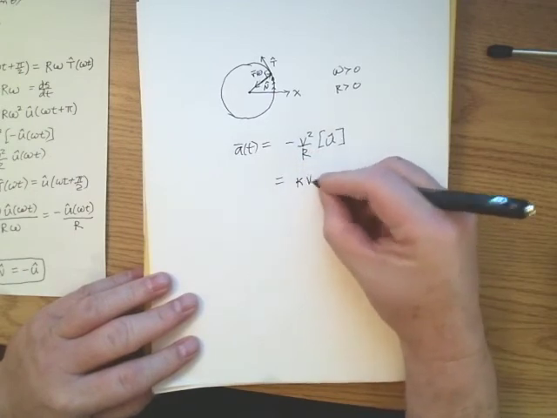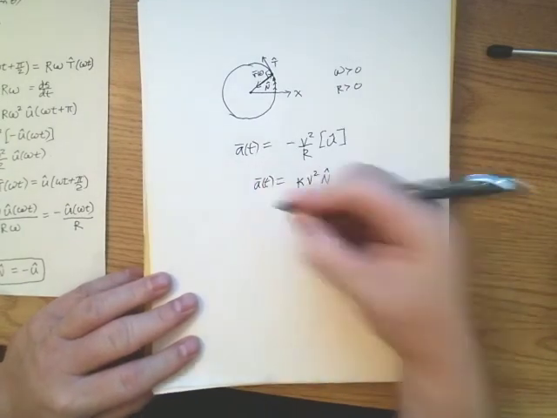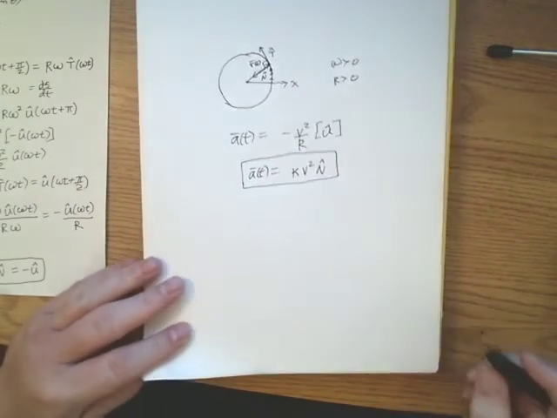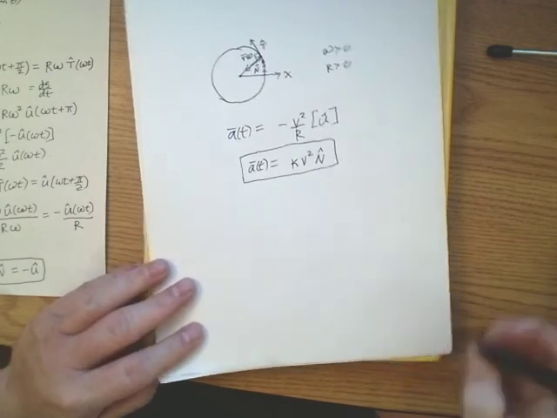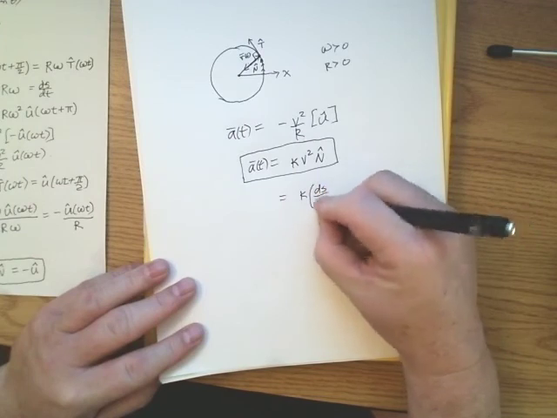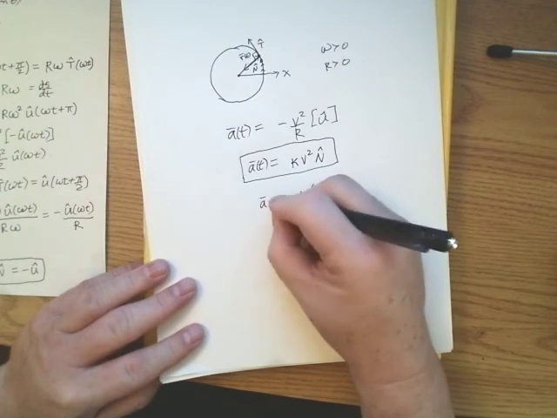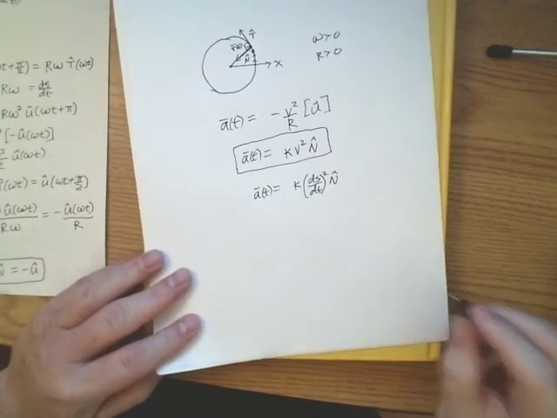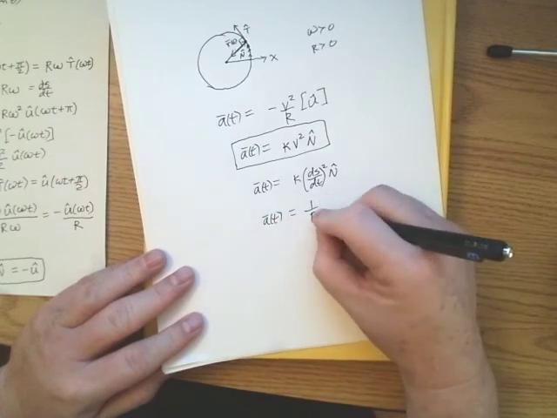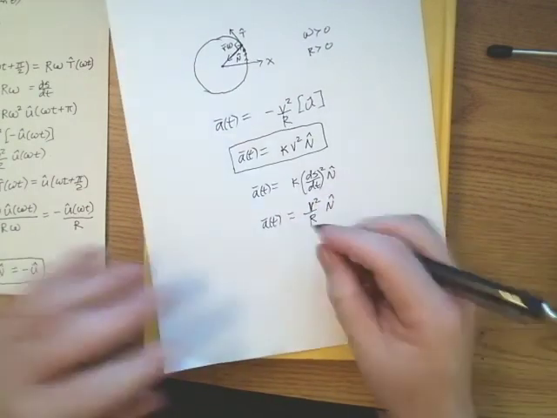So we could say kappa v squared times n hat, and that's our acceleration for an object moving in uniform circular motion. Sometimes people like to write it with v as ds over dt, squared. Or for uniform circular motion, 1 over r times v squared, or v squared over r, n hat. Different ways we could write this thing.